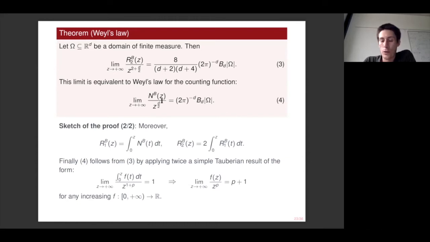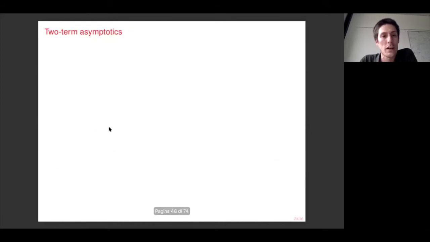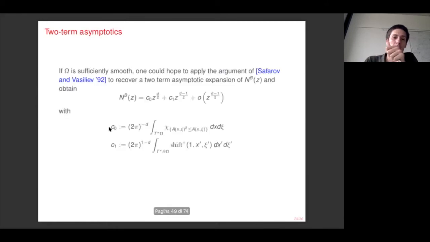So this somehow concludes the first part of our work regarding bounds and the Weyl law, and then we turn to consider 2-term asymptotics. So if omega is sufficiently smooth, one could hope to apply the arguments which are nicely exposed in the book of Safarov and Vassiliev and recover a 2-term asymptotic expansion for the buckling counting function of this form here.